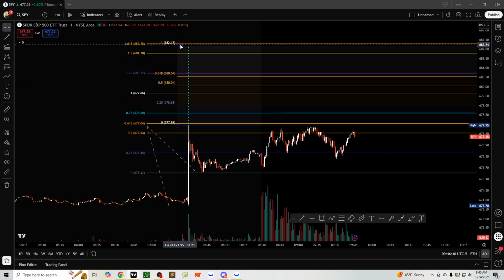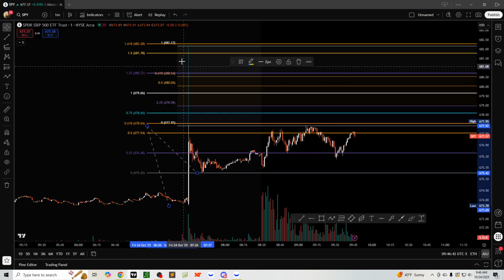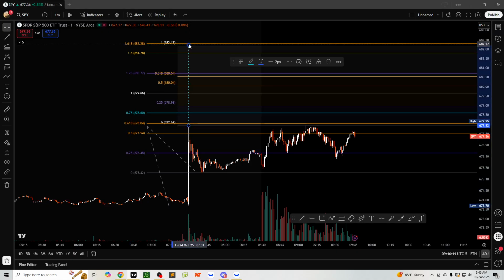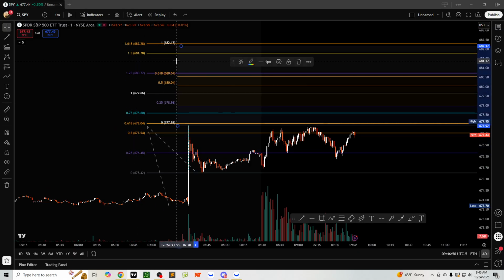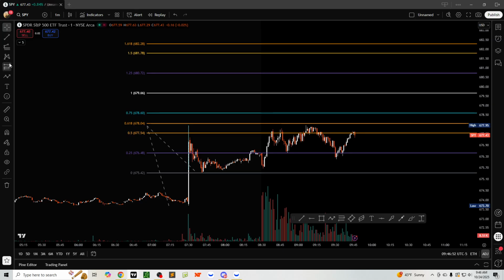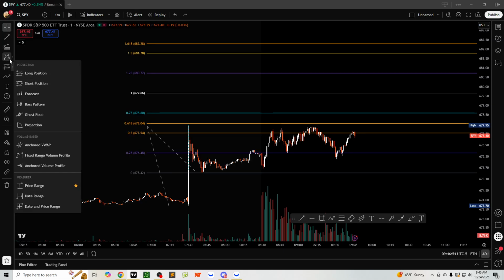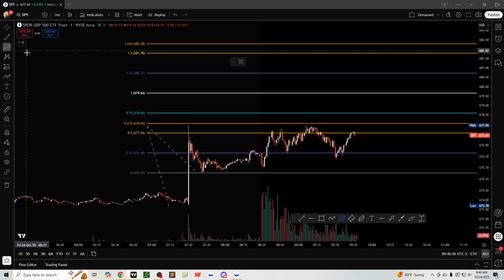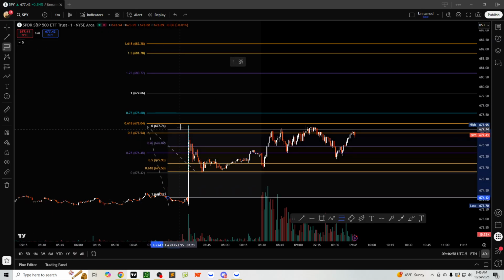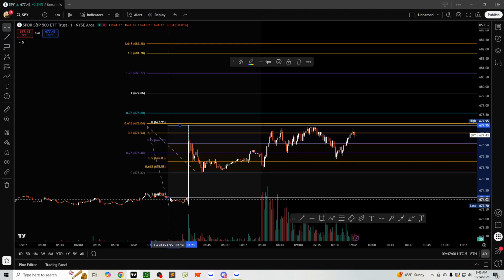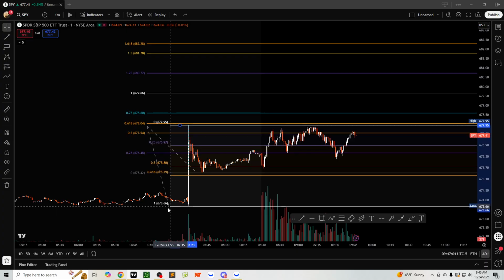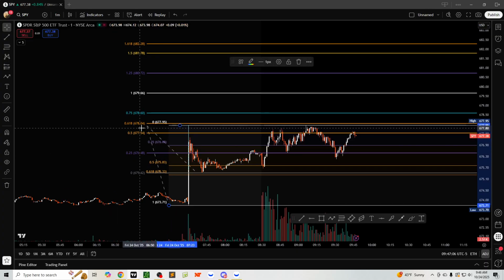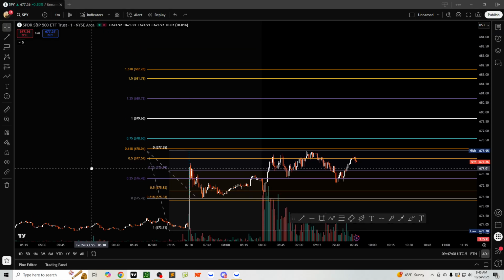So if I put this back to originally where it was, hold on, which one's which? It's hard to tell which one's which. Okay, there we go. So if I put the actual Fibs retrace where it was from the high to the low, or from the low to the high, it's already showing me this is the 618, because that's where we bounced.